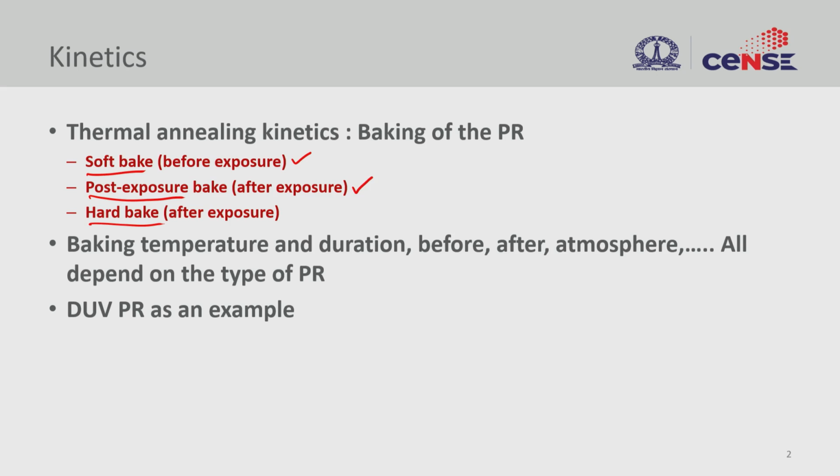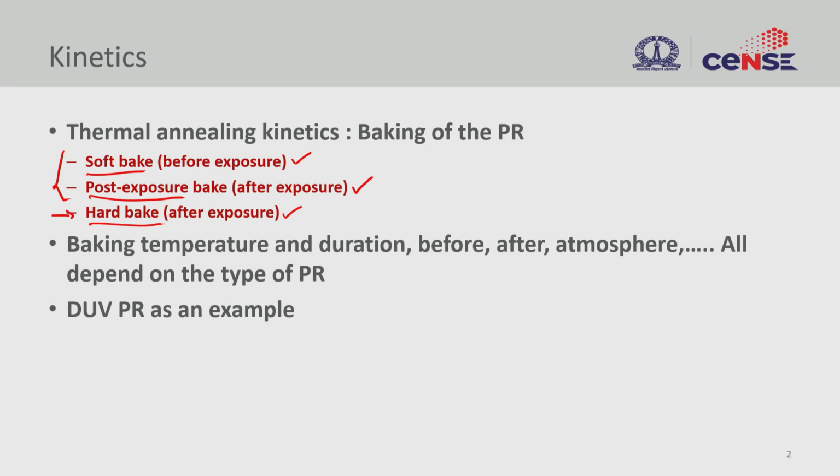And then hard bake can be used, not always, but in some cases, to make the resist hard for subsequent etch processes. The soft bake and post exposure bake are typically used. The hard bakes are used in special cases where you want highly resistant photoresist for dry etching.